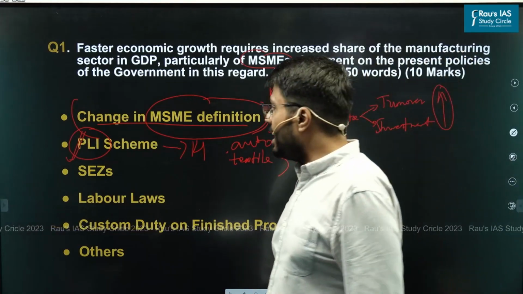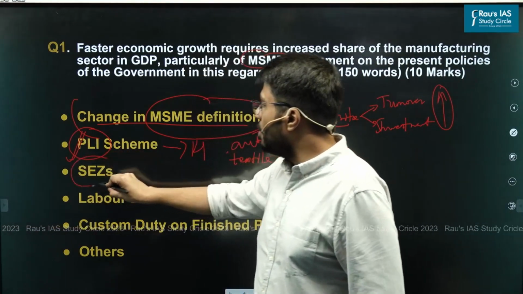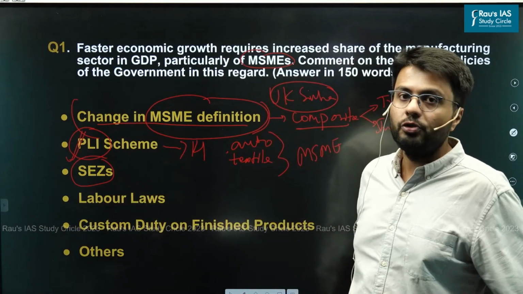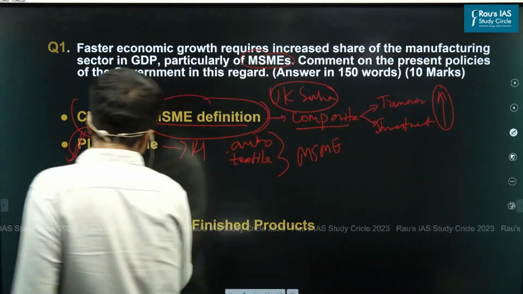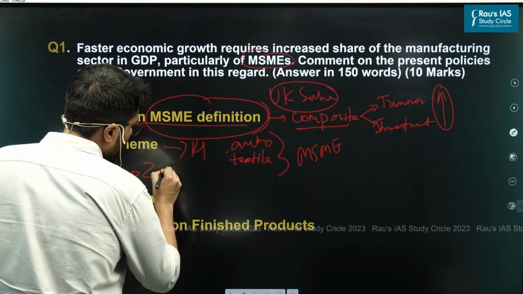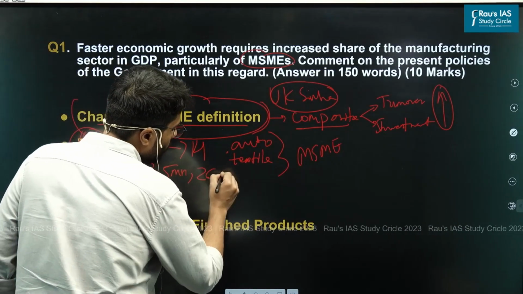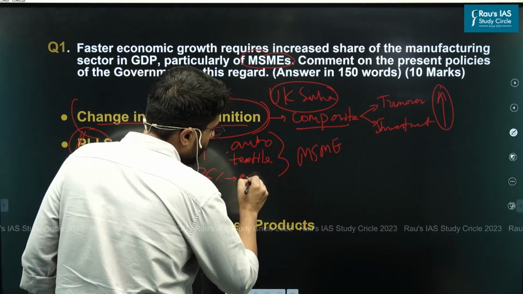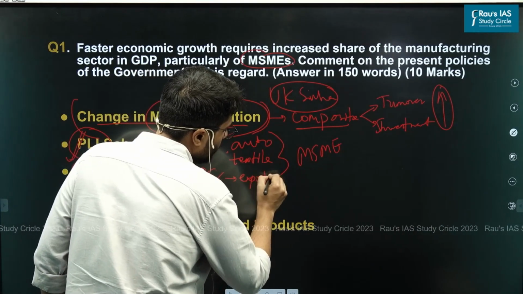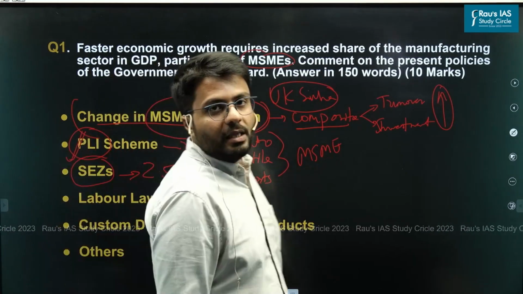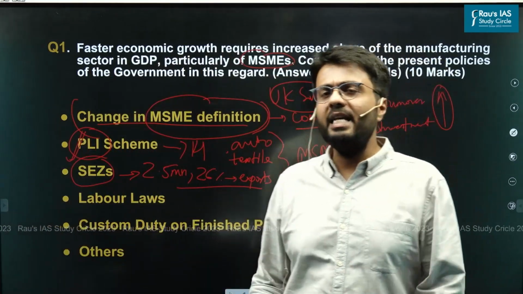Also, government had introduced previously what are called special economic zones. And these special economic zones created about 2.5 million jobs, as well as account for a 26% share in the country's exports currently. However, these SEZs face many challenges.